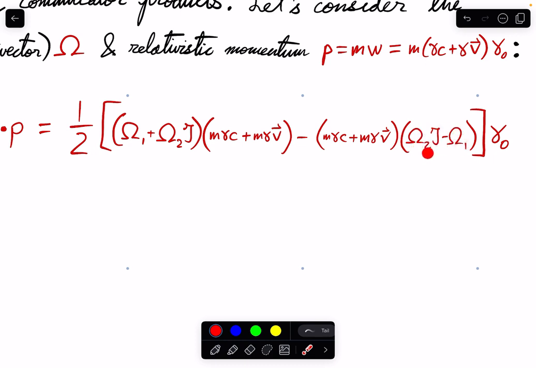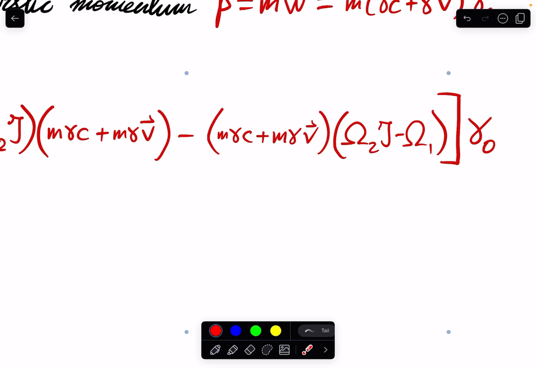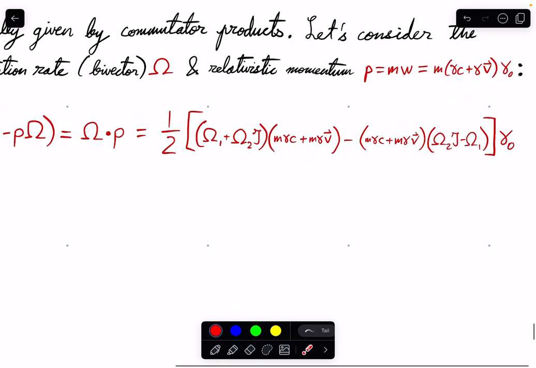It commutes with omega 2, and it commutes with, hang on, does it? It anti-commutes with omega 2 and anti-commutes with I. So as a whole, gamma naught commutes with this. But it anti-commutes with this, so it gets a negative sign. So we can then distribute this minus sign into here.